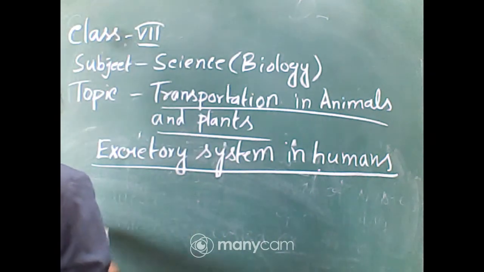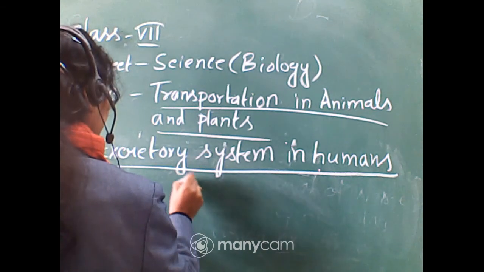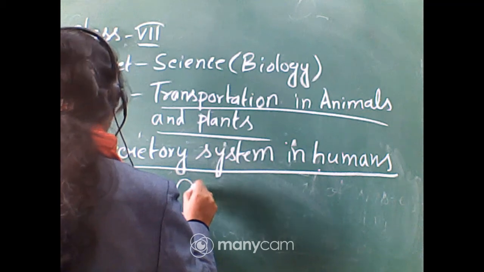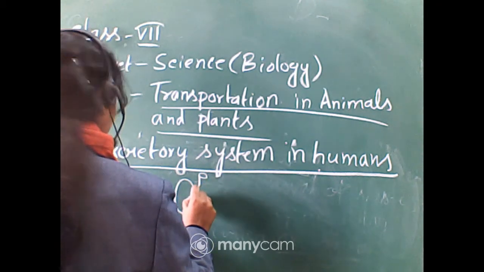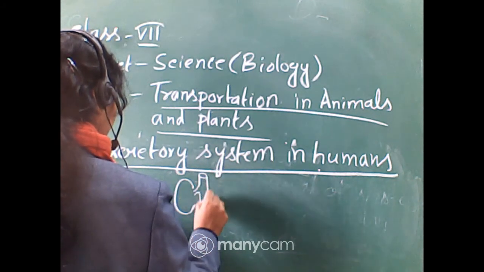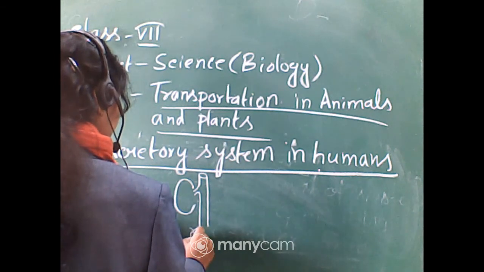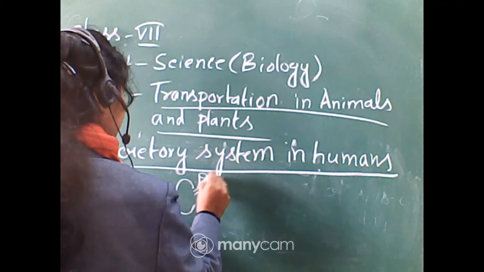In your book page number 127 you can see a picture. There are two kidneys that are connected with the main artery and main vein, the vena cava and aorta, as drawn in your book.